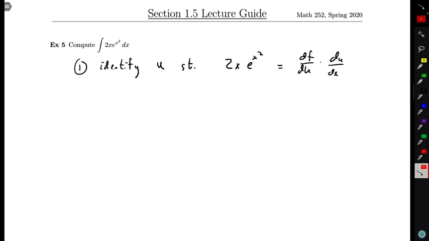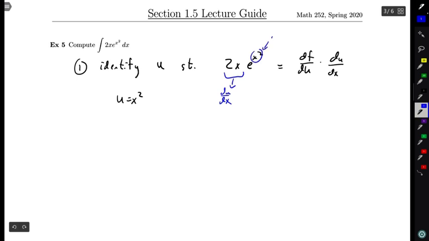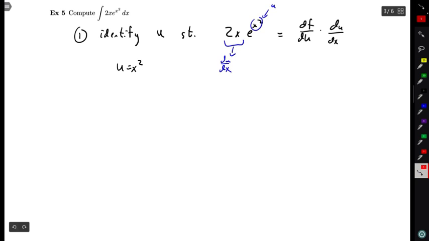In other words, if I let u equal x squared, this is my du dx, and this x squared here is my u. So this looks good because I've got a du dx here and I've got a times du dx here, and hopefully I can recognize this as the derivative of something with respect to u. So let's go ahead and make those substitutions.